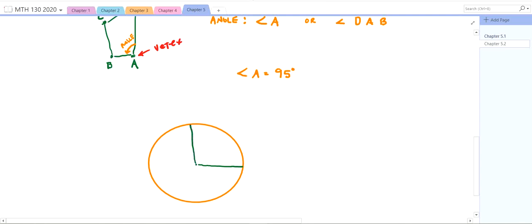It's going to look something like this. So if we were to spin all the way around this circle and all the way back to the start line again, this actually takes up 360 degrees.